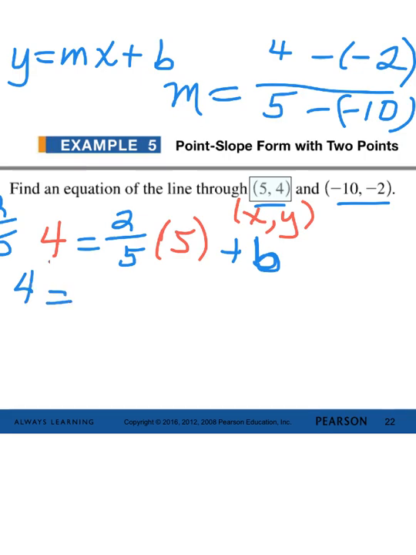4 equals 2 times 5 is 10, and 5 times 1 is 5, plus b, and 10 over 5 is 2, so I will subtract 2 from both sides.